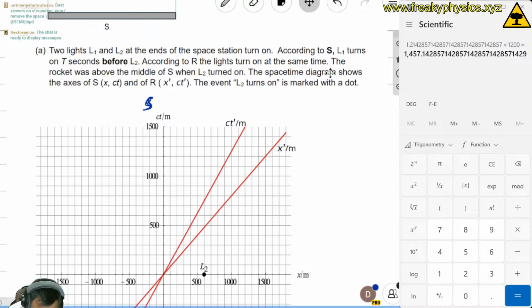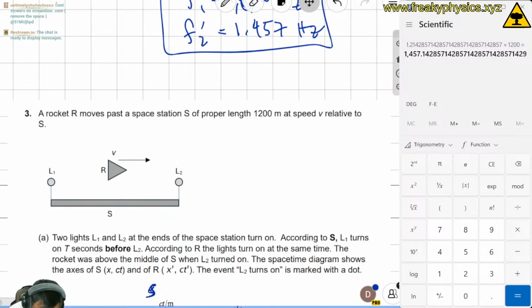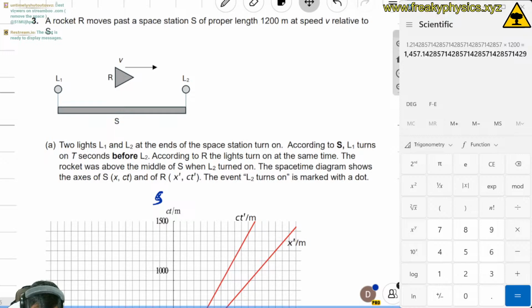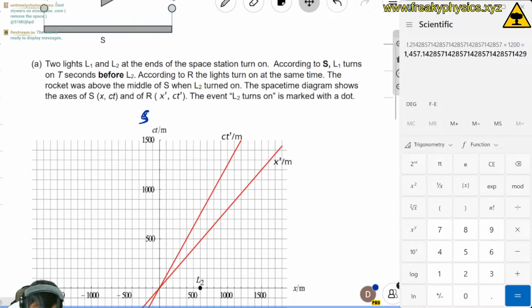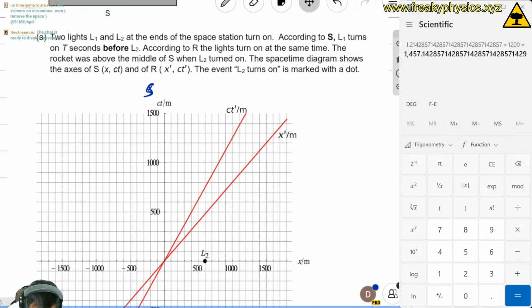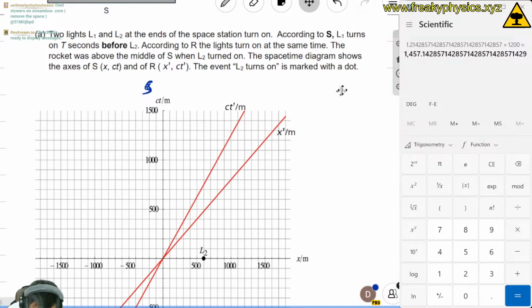What is T though? T is the time that L1 turns on before L2. So L2 happens second according to S.